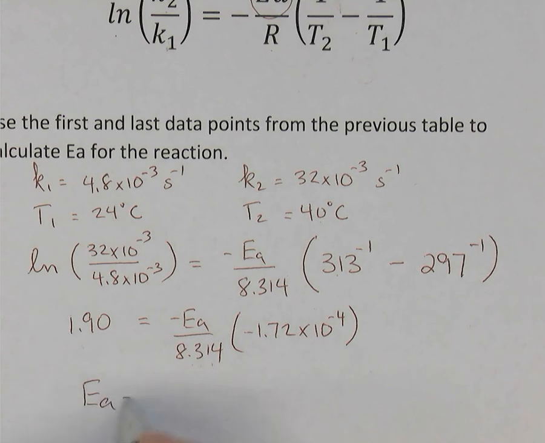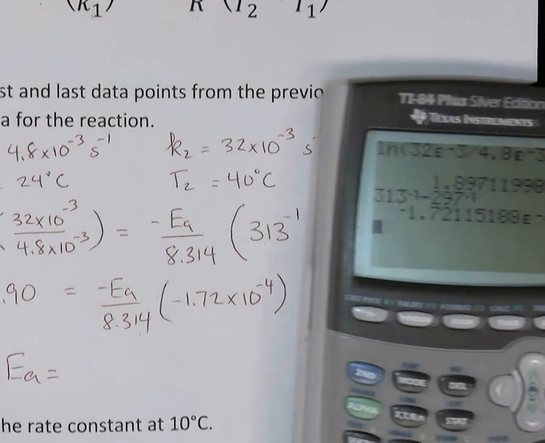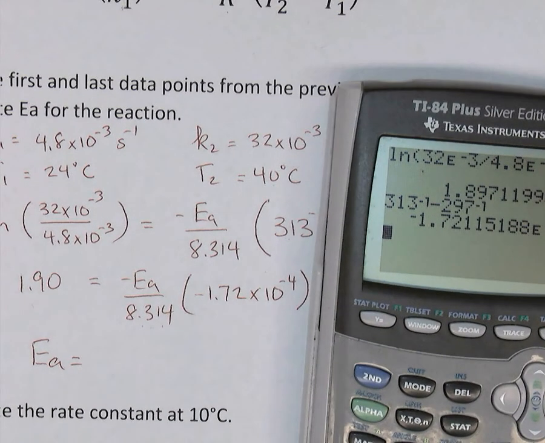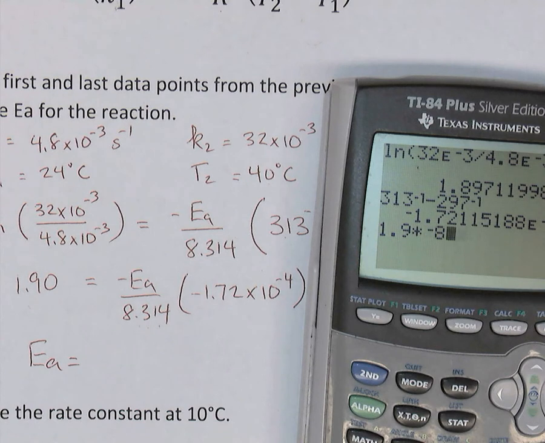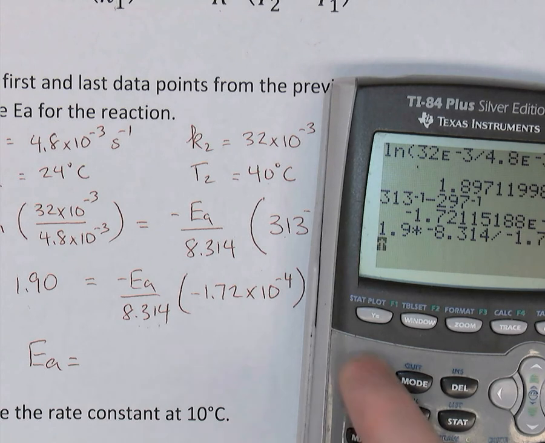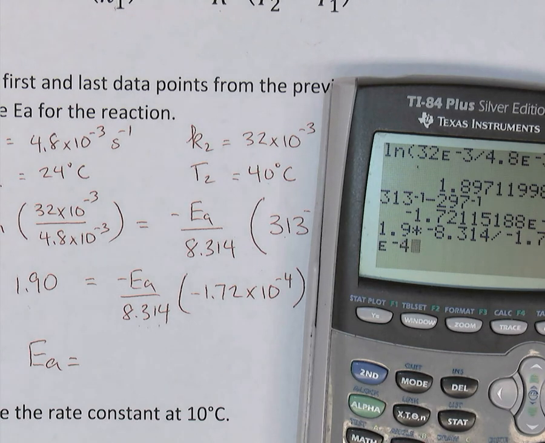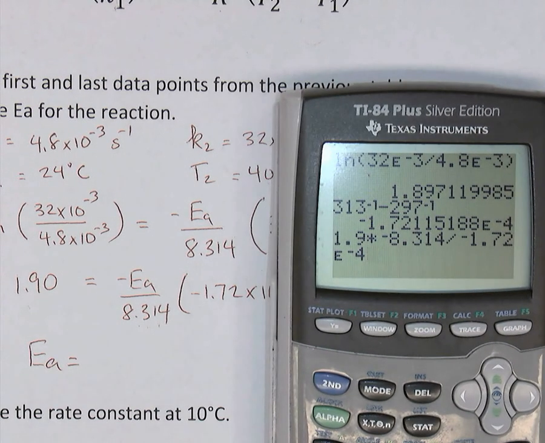So EA will equal, one more time, that's going to be 1.9 times negative 8.314, and divide by negative 1.72 times 10 to the minus 4. Be sure you're using the scientific notation button on the calculator. You're not typing in negative 1.72 and then the times symbol.